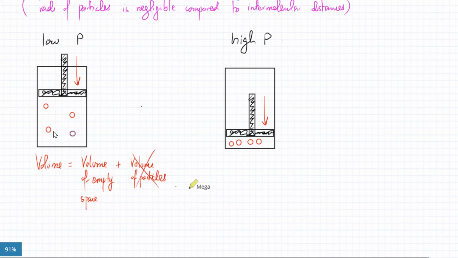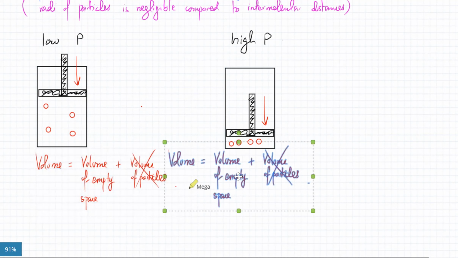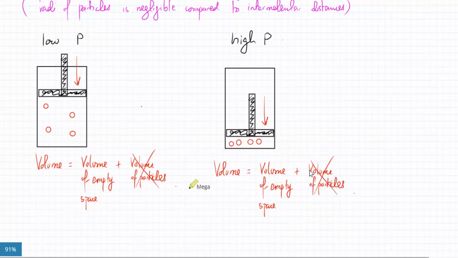Most of it is just empty space. The particles are really tiny, so they're not contributing much volume. But when you take the gas at a high pressure, the volume of the particles is no longer negligible, because the total volume of the gas is the volume of the empty space, and now the volume of the empty space is a lot lesser because you've compressed it. So the volume of the particles is no longer negligible. They're both almost the same.